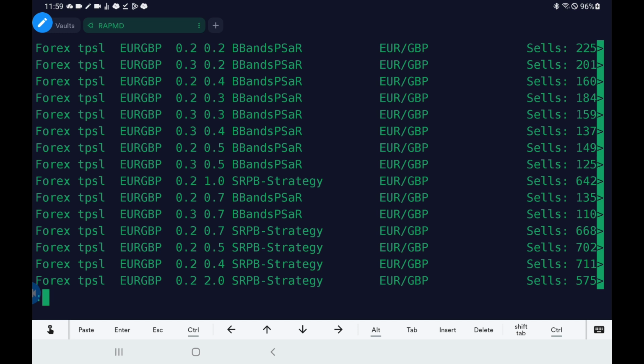As you can see on the screen, I have a table on my VPS where I have been testing several different strategies against EURGBP with a wide range of take profits and stop losses. The test is nowhere near complete, but what we are looking at is a clear representation of some very interesting data.